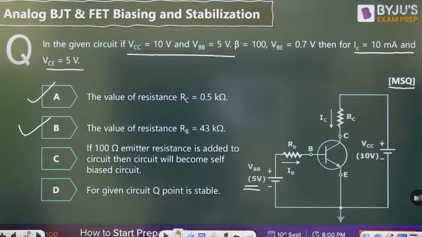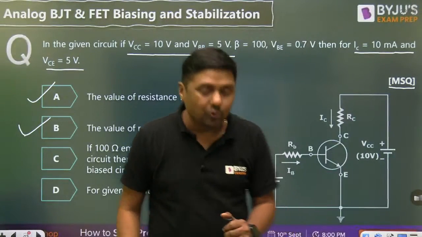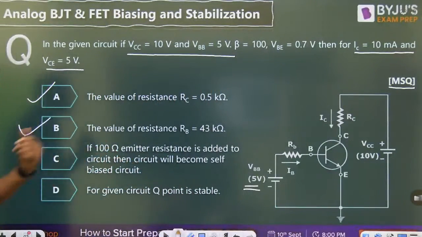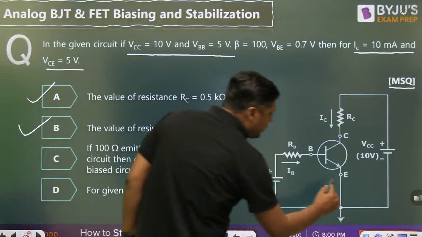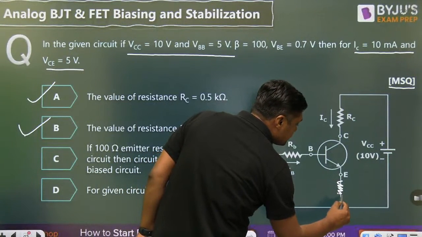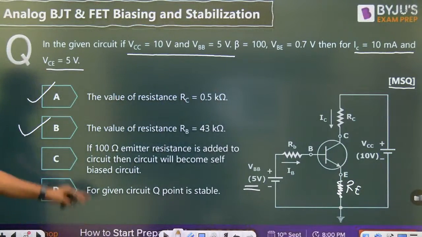Always remember. So VCE is given as 5 volt, IC is given as 10 milliampere, everything is given in this question. And that's why it seems that it is a very easy question, but actually it is an MSQ. Tell me, now what is the answer? If a 100 ohm emitter resistance is added, suppose I am adding a 100 ohm emitter resistance here, when RE is connected here, then the circuit will become a self-biased circuit.